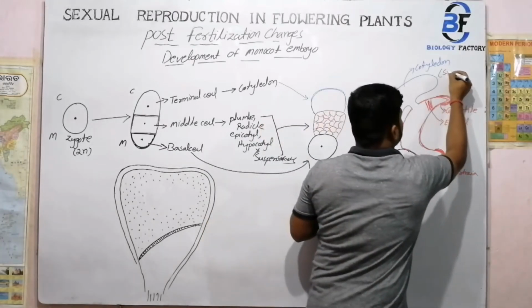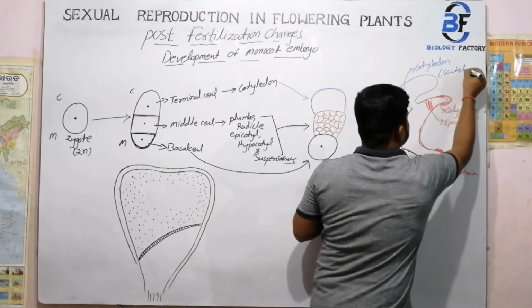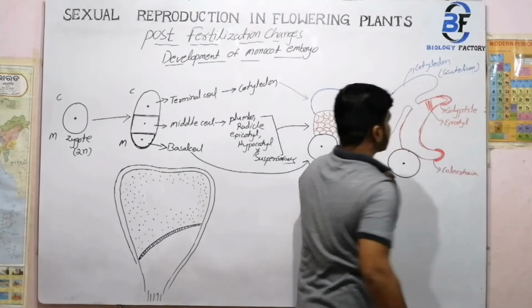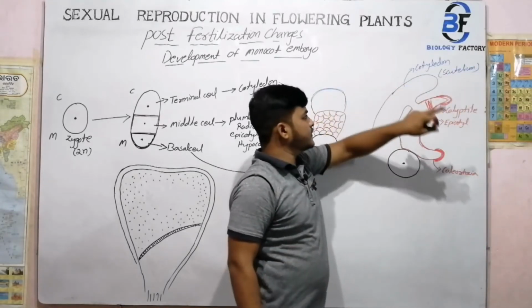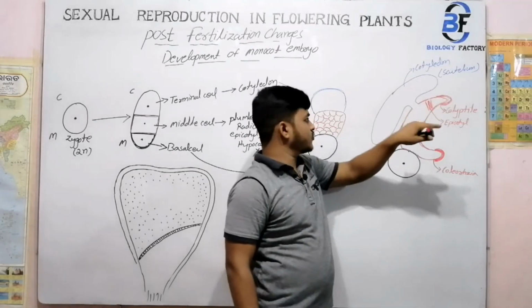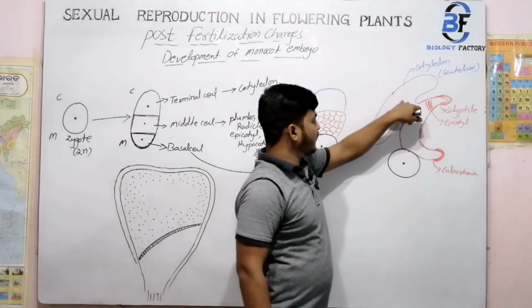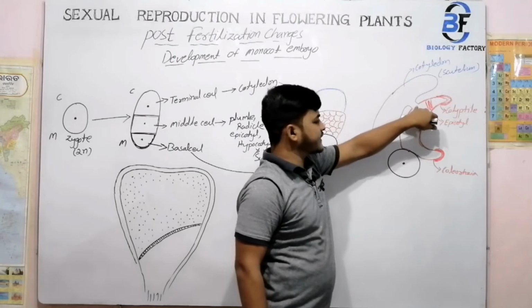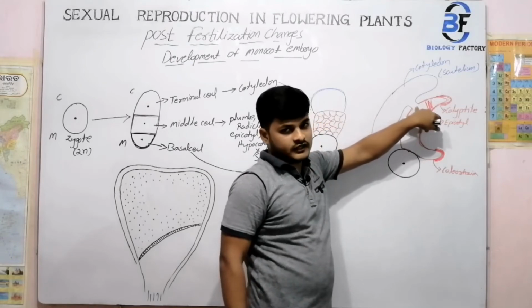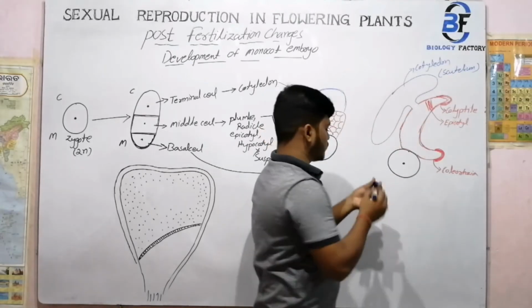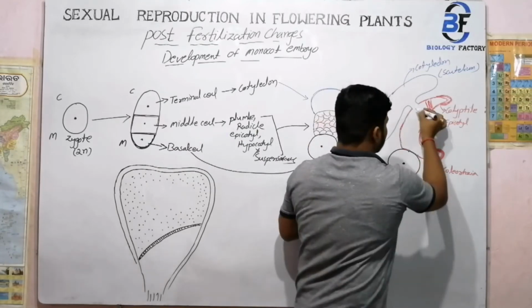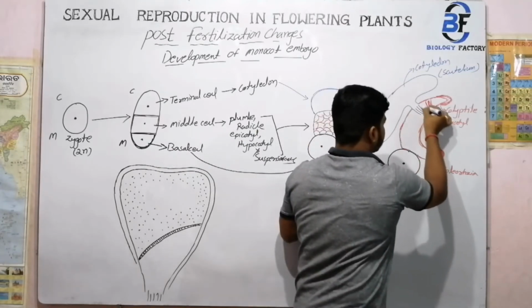Here is your scutellum. So the cotyledon is formed, which is commonly known as a scutellum, and the point of attachment of the cotyledon is already known as your cotyledonary node. So this place is your cotyledonary node.